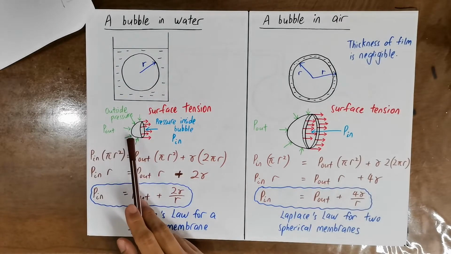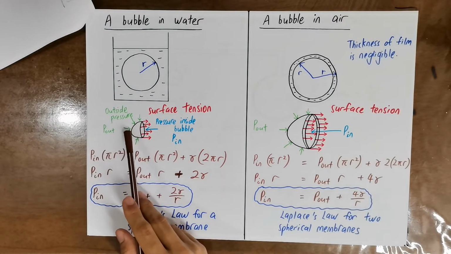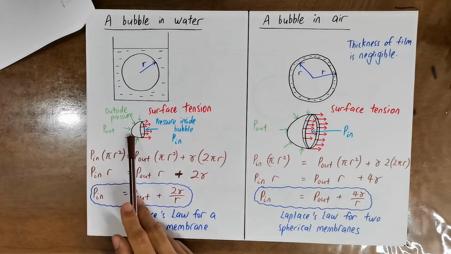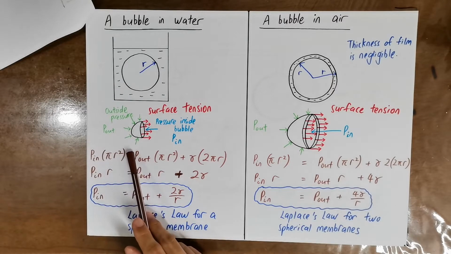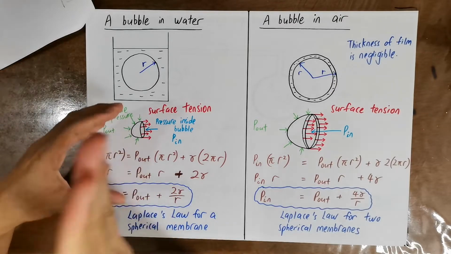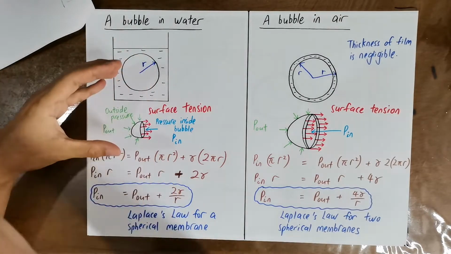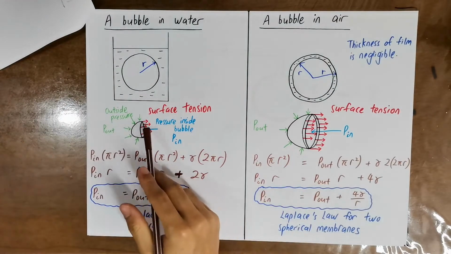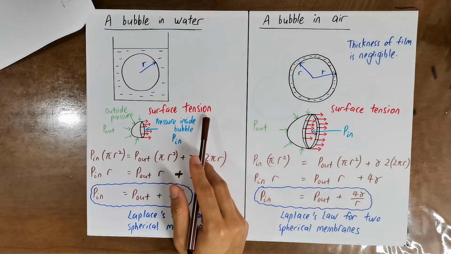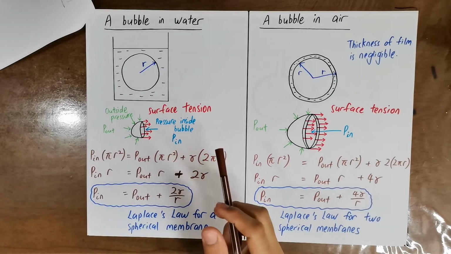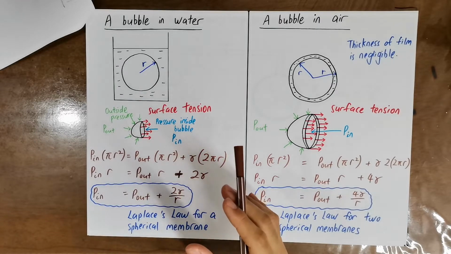The outside pressure, which is the water pressure, will act on the bubble surface in all directions. Now when you cut open the bubble, you know that the surface tension will try to keep the bubble intact.